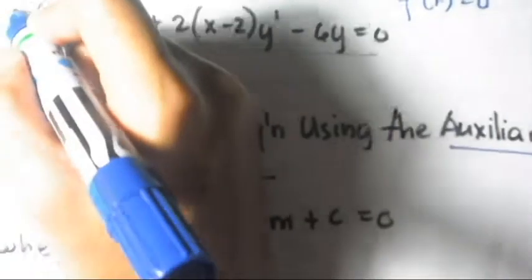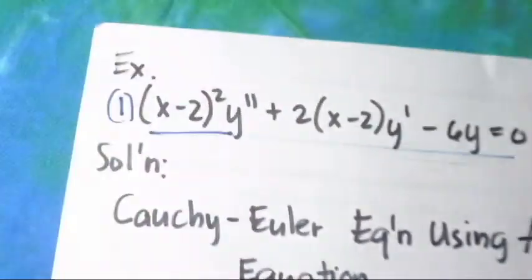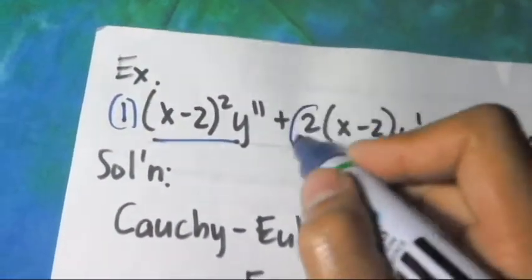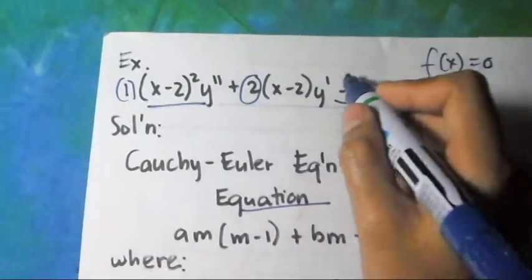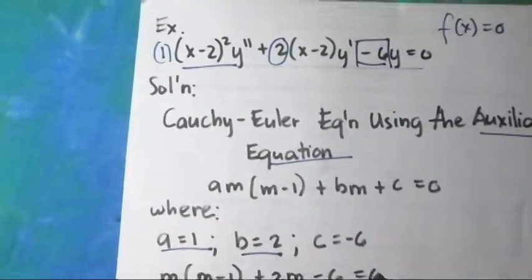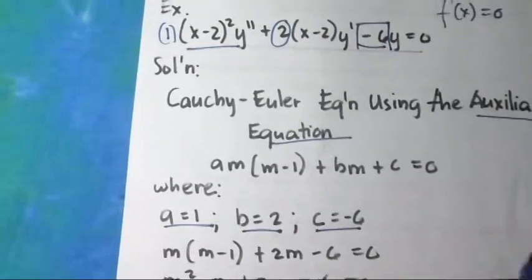By looking at this function, we have here a value of 1, which is our a, here 2, which is our b, and here negative 6 as our c.